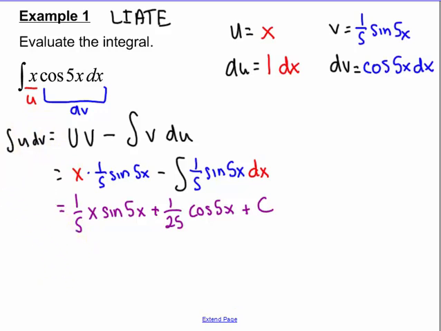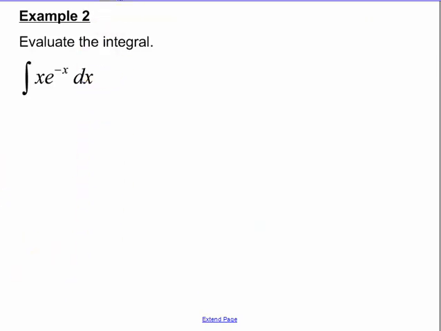Okay, another example. Laying out your u, du, v, dv. Remember, you go in those corners. That's what you need to pick.